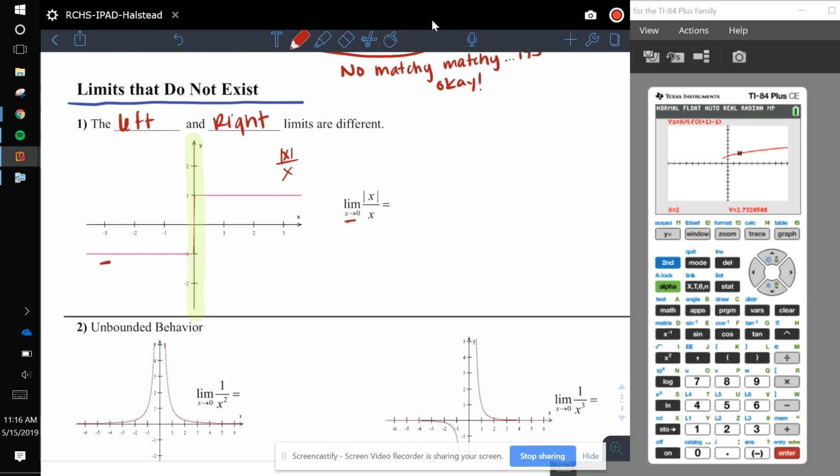On the left, it looks like we're approaching negative 1, and on the right, we're approaching 1. The left and the right have to match. So no matchy-matchy, the limit does not exist. The left and the right do not match.